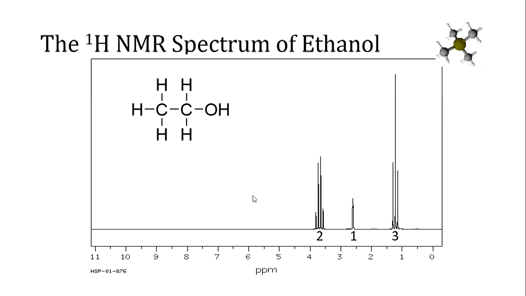The horizontal scale at the bottom of the spectrum is called the chemical shift scale, and its units are parts per million. They denote the difference in chemical shift, or the difference in the resonance energy or radio frequency required to spin flip a proton in a certain magnetic field.